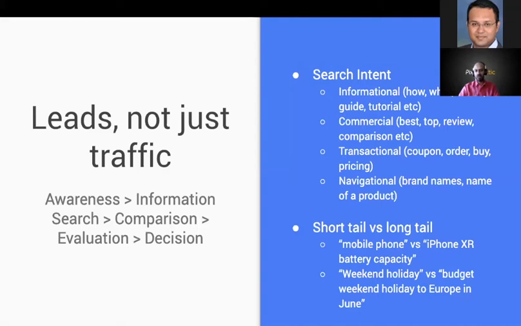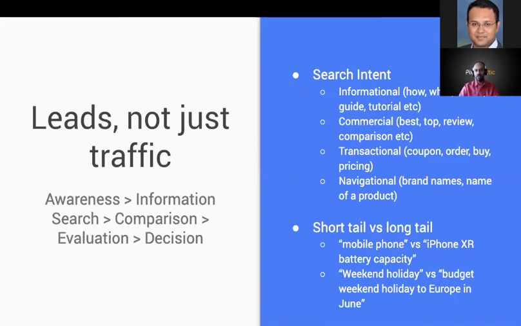And then you have two others, which are transactional keywords. In a lot of cases, this is just related to a transaction that they're doing. They're looking for coupons, they're looking to buy something. So these are very transactional in nature. Then you have navigational keywords.